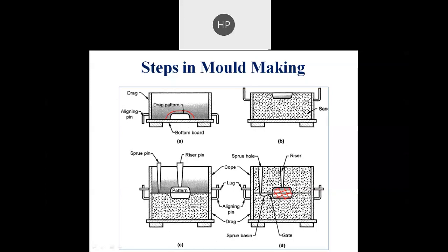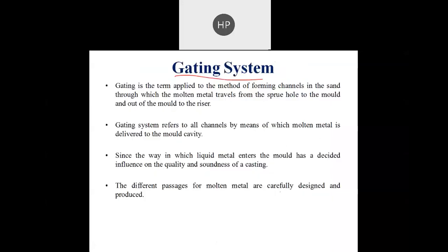For that we have to create some path. This is the path through which the molten metal will flow inside, then flow here, and then go into the hollow cavity. That flow path of the molten metal is the gating system.